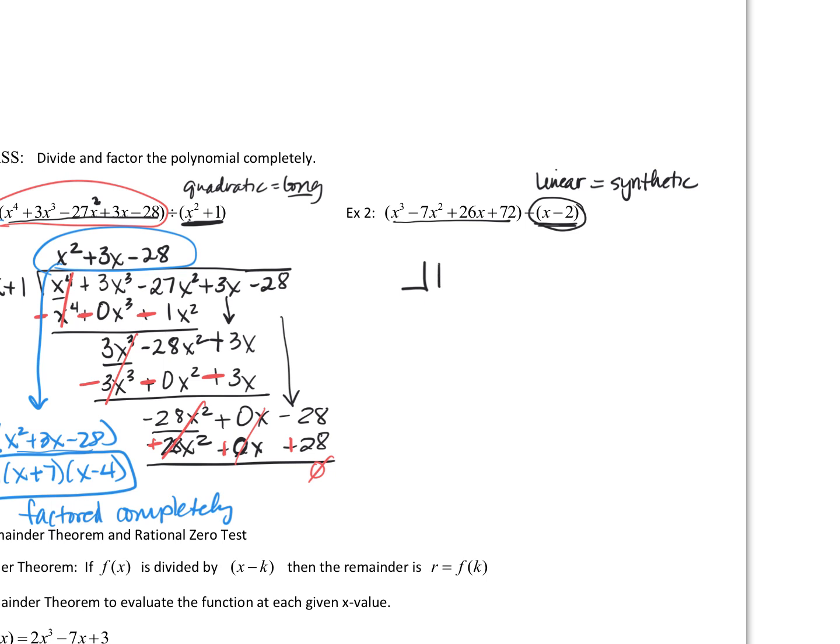So I have a 1, negative 7, 27, 72. And then what I put over here in this box is what I get if I take that divisor, x minus 2, and solve it. I would get a positive 2, right? So I'm going to put a positive 2 right there.